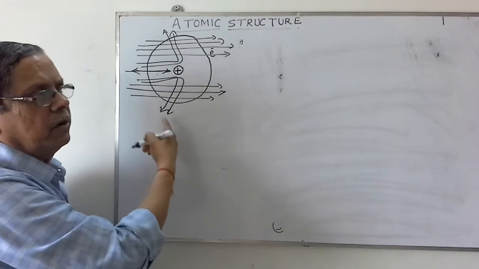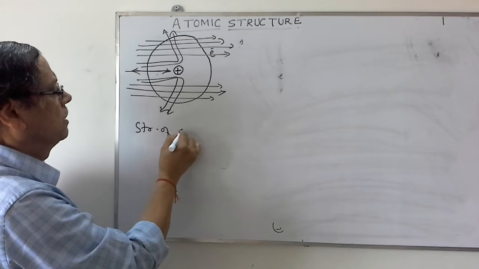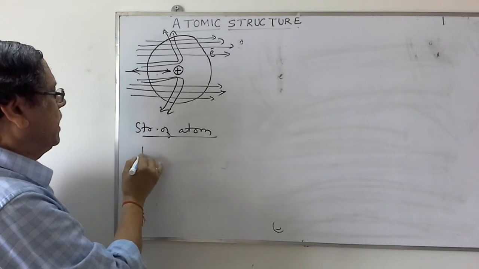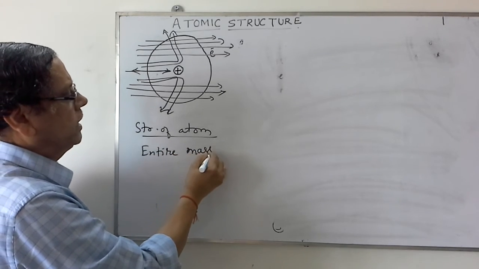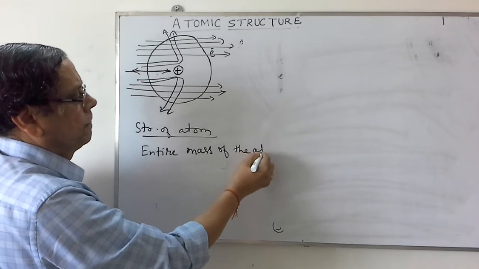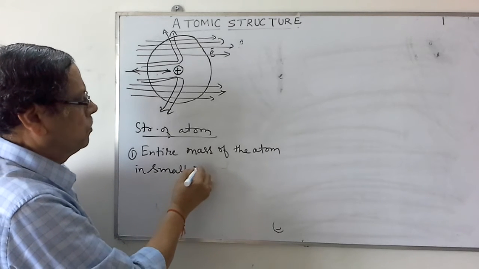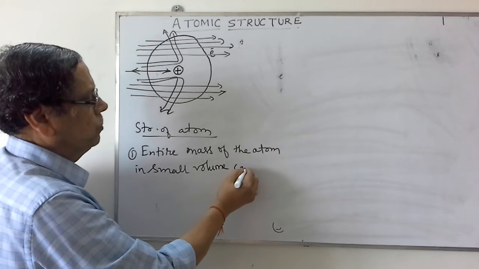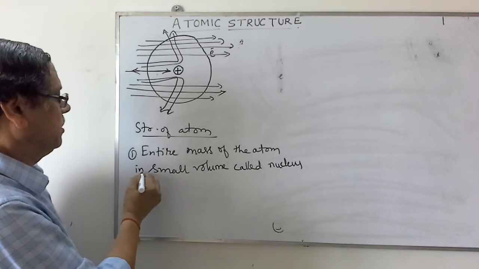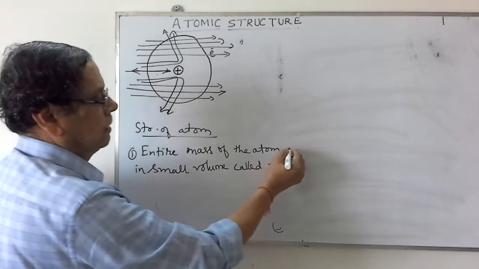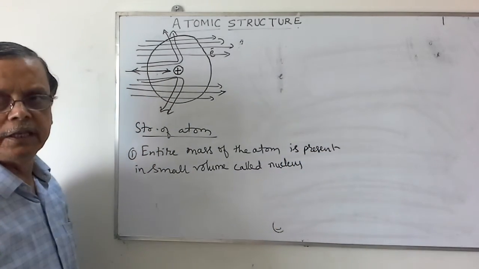So based on these three observations and conclusions, he proposes the structure of the atom as follows. The entire mass of the atom is present in a small volume called the nucleus.